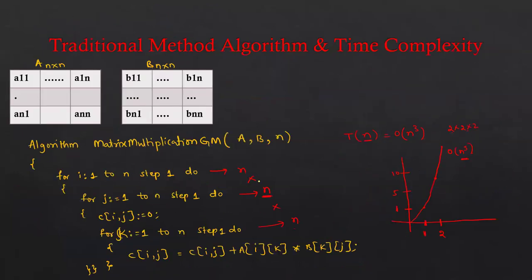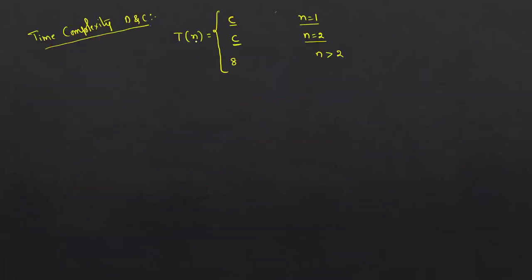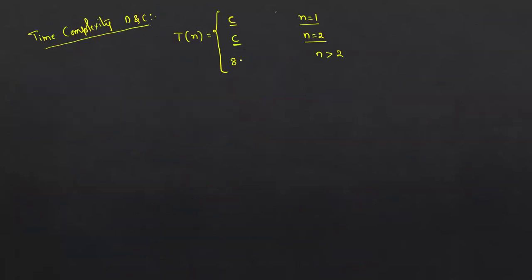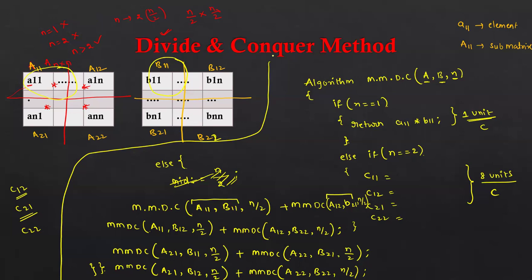We are calculating for n size, but when I go for divide and conquer, 8 submatrix multiplications are performed. So the submatrix cost is T of n by 2. Is it only multiplying? No. This result, I am going to highlight with another color. These two matrix multiplications both return two submatrices.